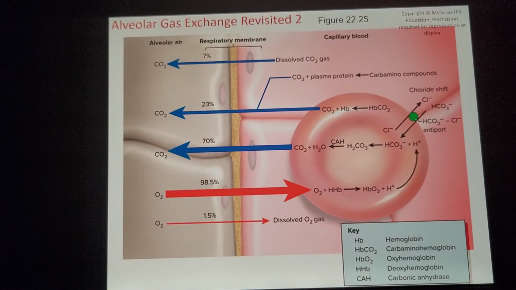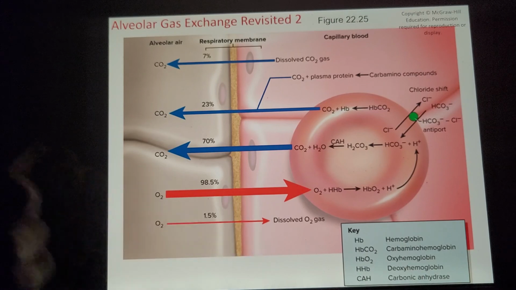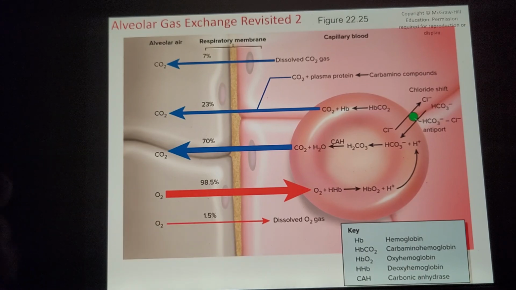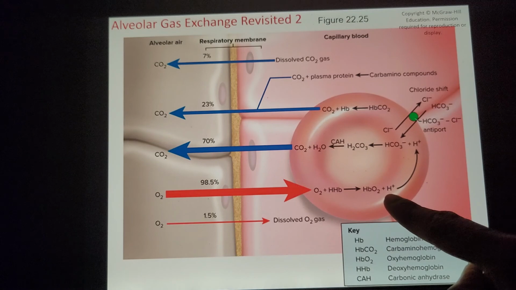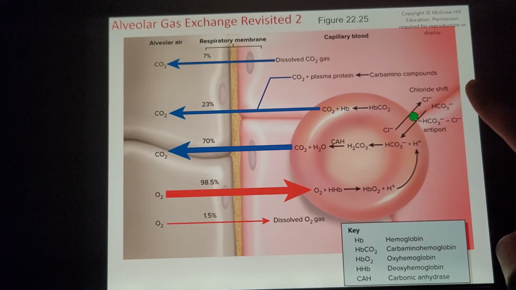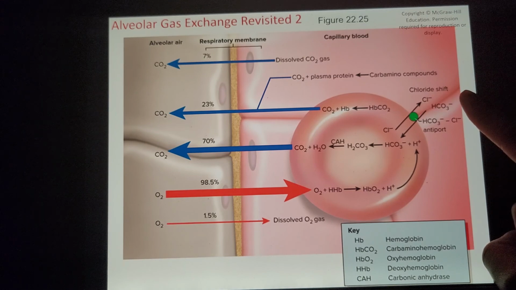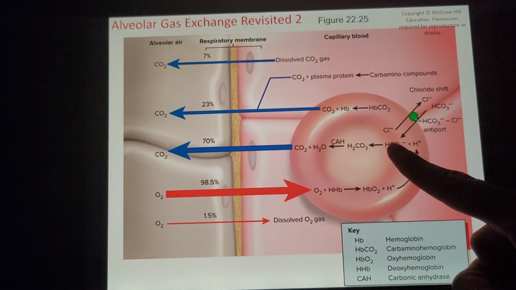Picture for people who like that. Okay, so gas exchange in the alveoli. In those air sacs, some of the oxygen is coming in as just dissolved gas in the plasma. Most of it's going to bind to hemoglobin. So when oxygen comes in, it knocks the hydrogen ion off of hemoglobin. We have a reverse chloride shift, so our bicarbonate ion is brought back in.